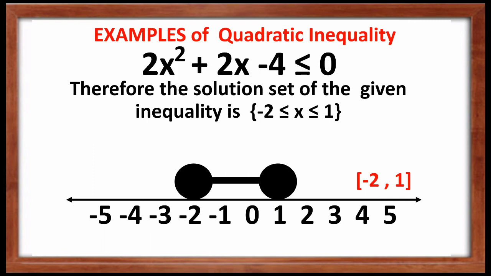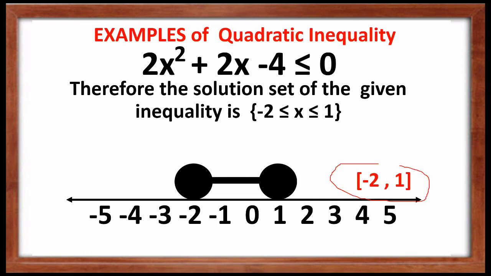Therefore, the solution set of the given inequality is an element of x such that x is less than or equal to 1 but greater than or equal to -2. Ito yung ating interval. Kapag nag-locate tayo ng interval, ganito ang mangyayari sa ating interval.